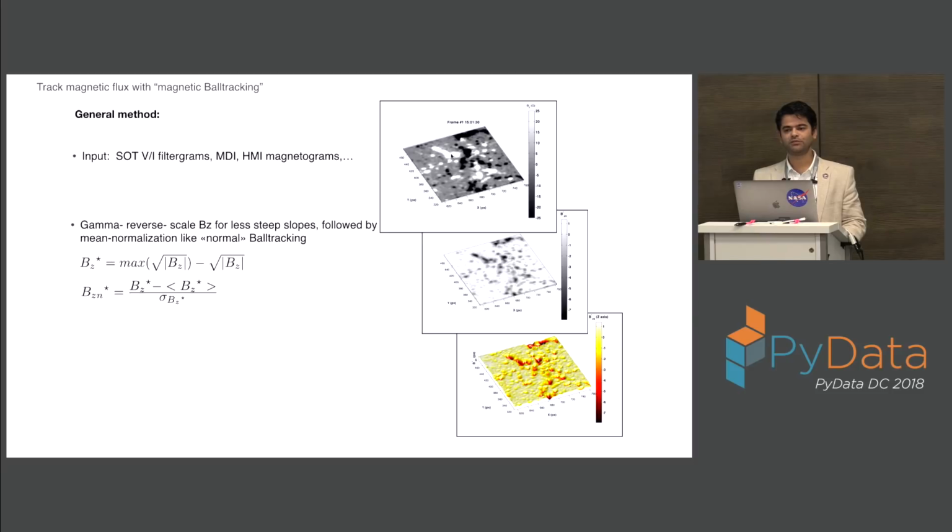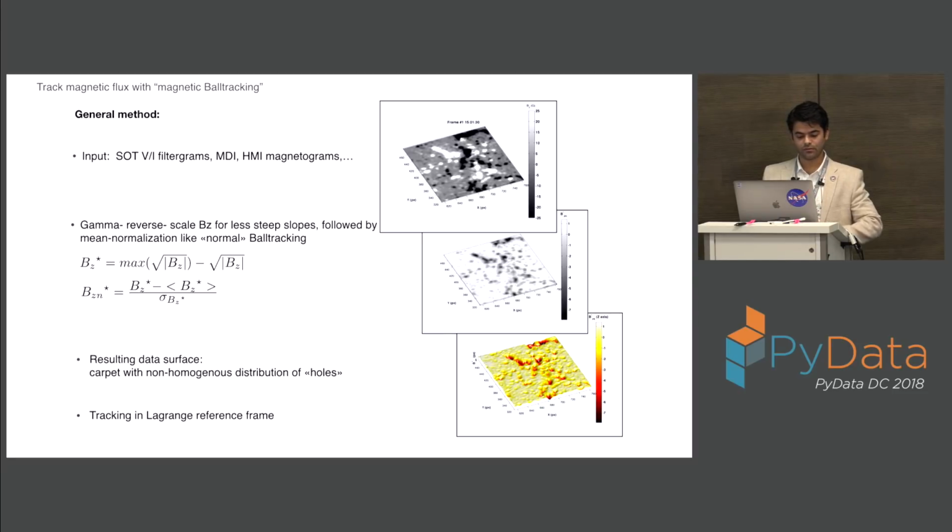White is positive, black is negative, and these are both polarities of the magnetic field. By rescaling that, you can also obtain a sort of carpet full of holes. But unlike granules, these are non-homogeneously distributed, and so that's an added problem to this optical flow tracking problem.